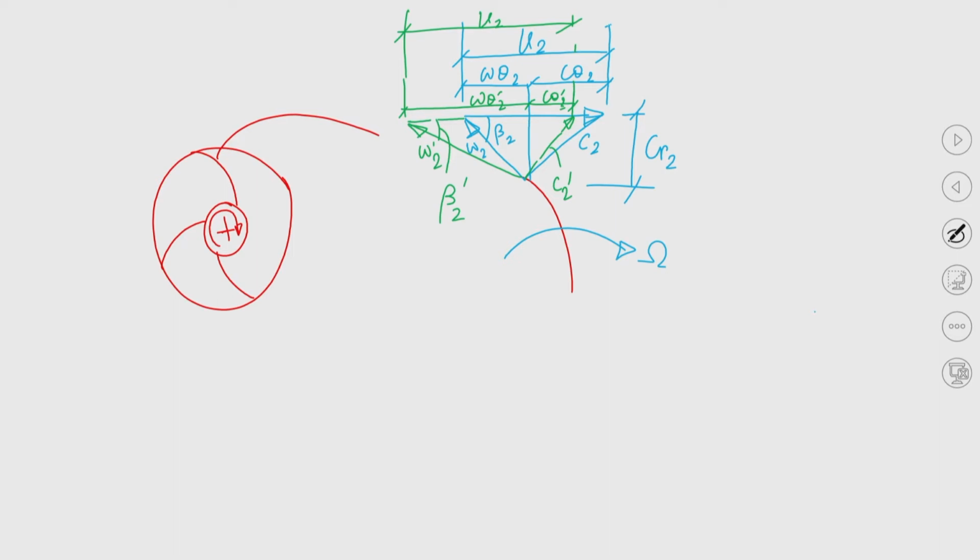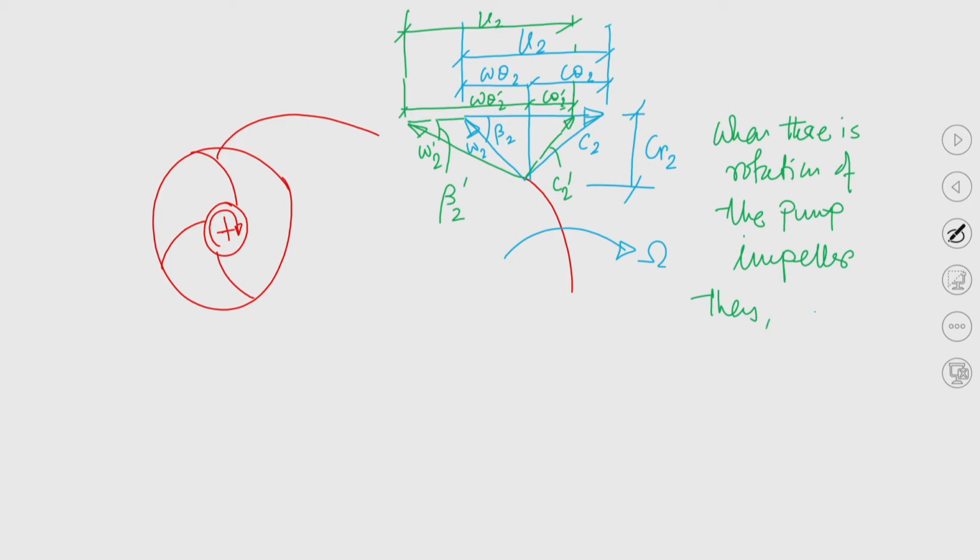So basically now C theta 2. When there is rotation of the pump impeller, then the swirl component at the outlet is C theta 2 prime, right.